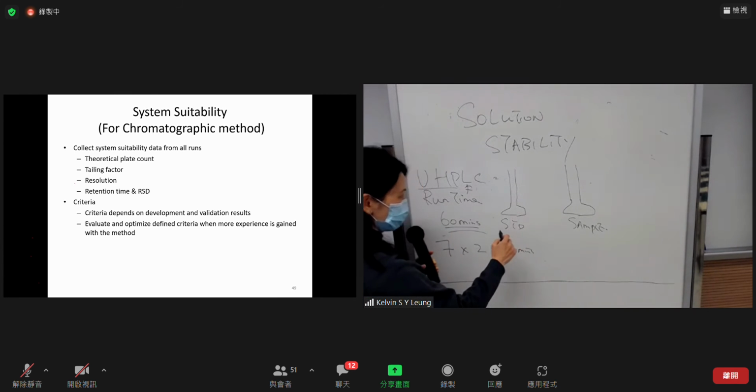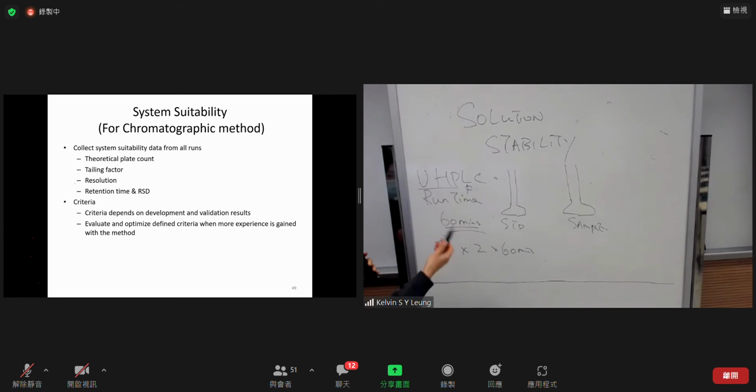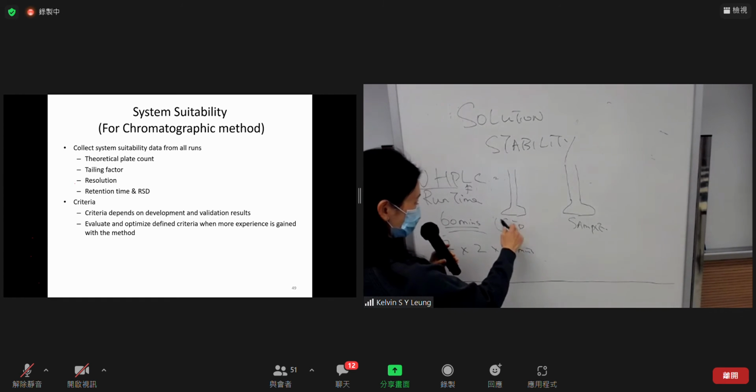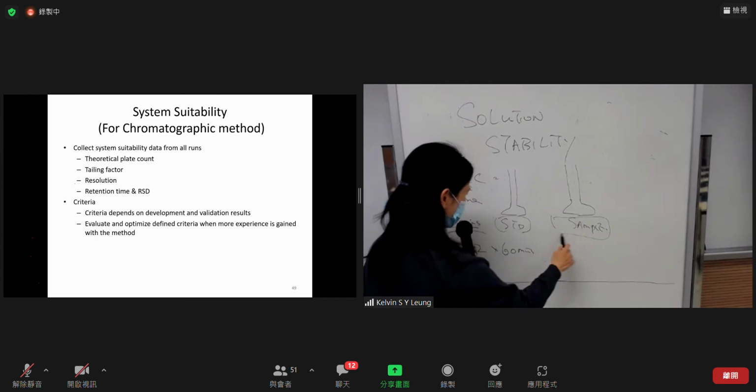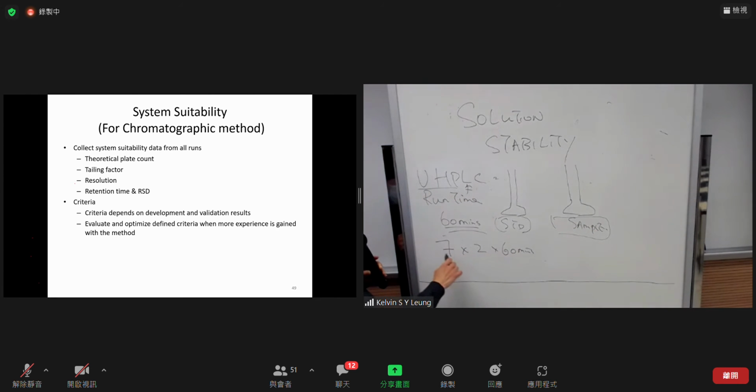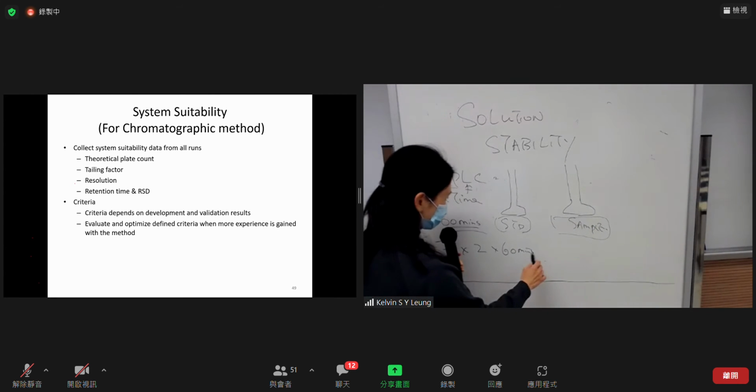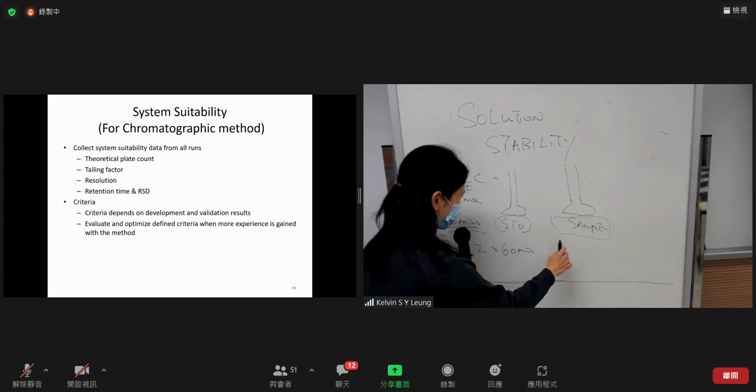Although it is injected automatically in the system, once you put the samples into the sample tray it will inject automatically and you can go away, you have to know the properties of your standard and your sample, because after 14 hours you will then inject your samples.